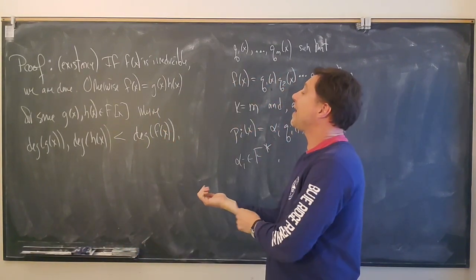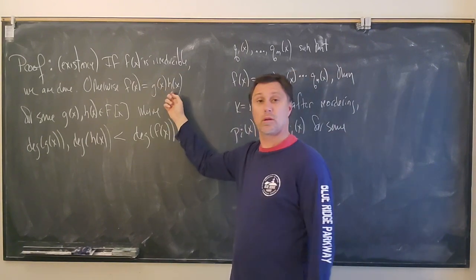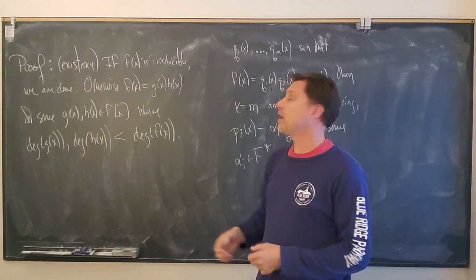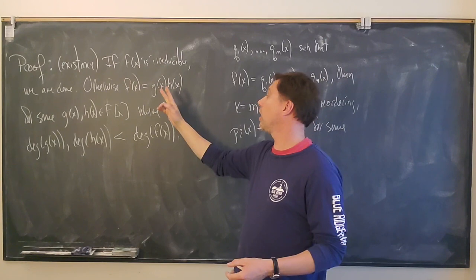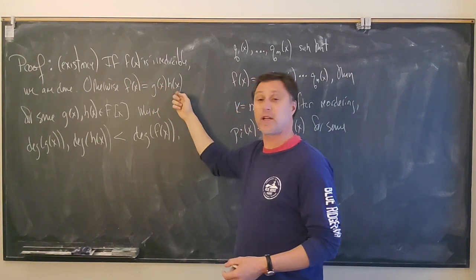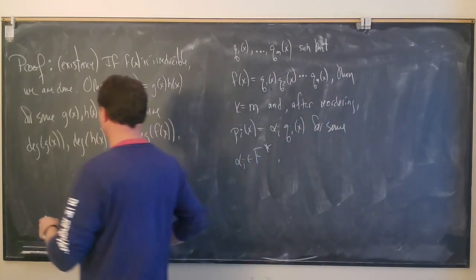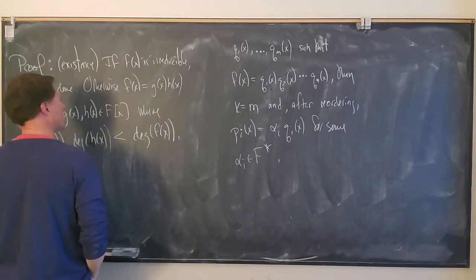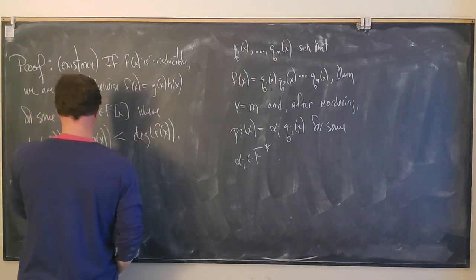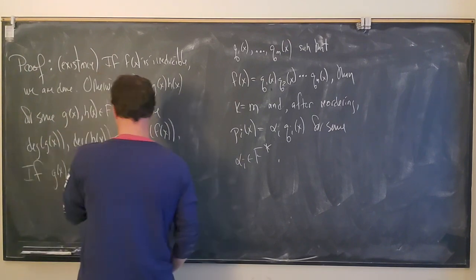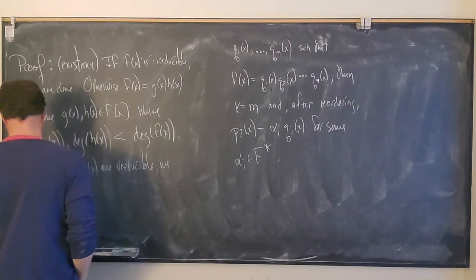Okay, so we factored it. Now, if both g and h are irreducible, then we're done. We've expressed f as a product of irreducibles. Otherwise, if one or both of them are reducible, then we can factor each of those, where the degree will go down again. And so we can repeat that process. So if g of x and h of x are irreducible, we are done.